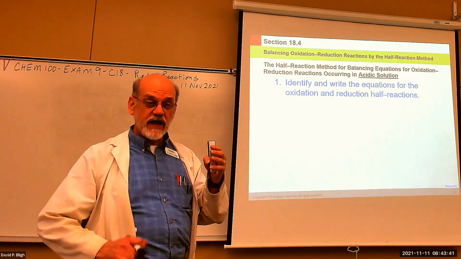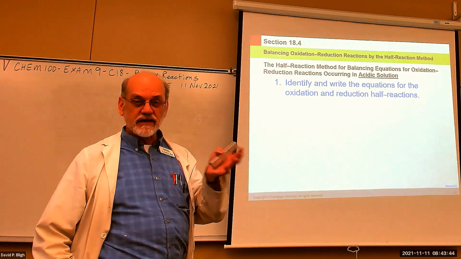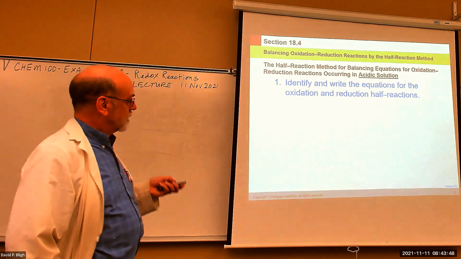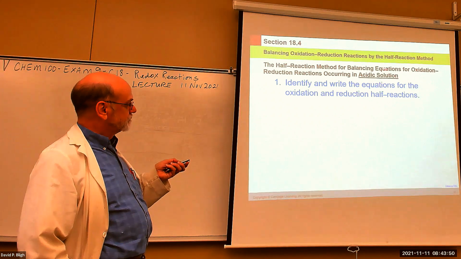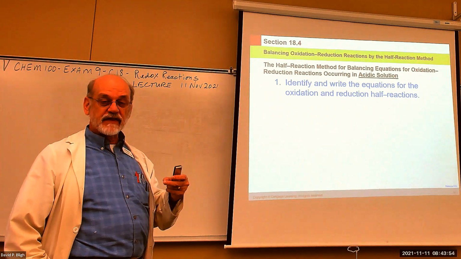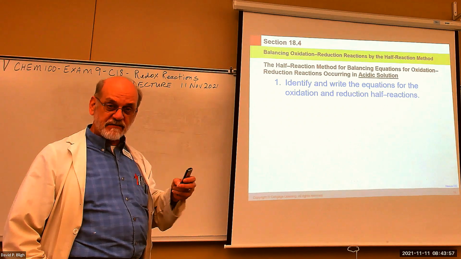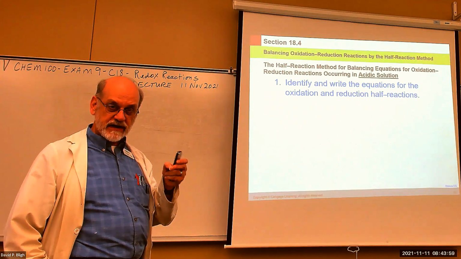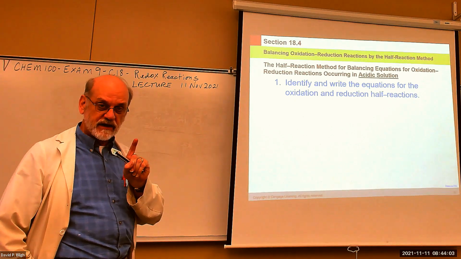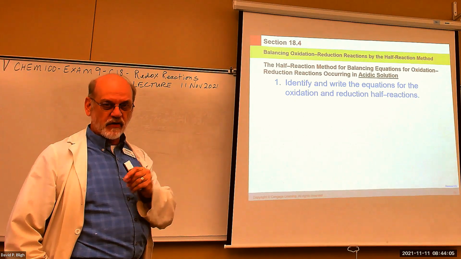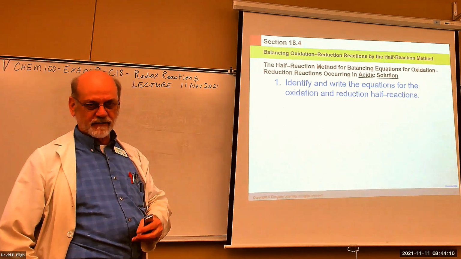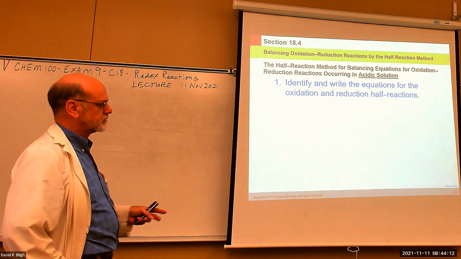There are some redox reactions that do not involve acids or bases. But this is where you start. This is the acidic method. And then once you balance the acidic method for an equation, if you know it occurs in basic solution, then you modify it so that it will show the base in the balanced equation. All right, we'll do that in just a few minutes.